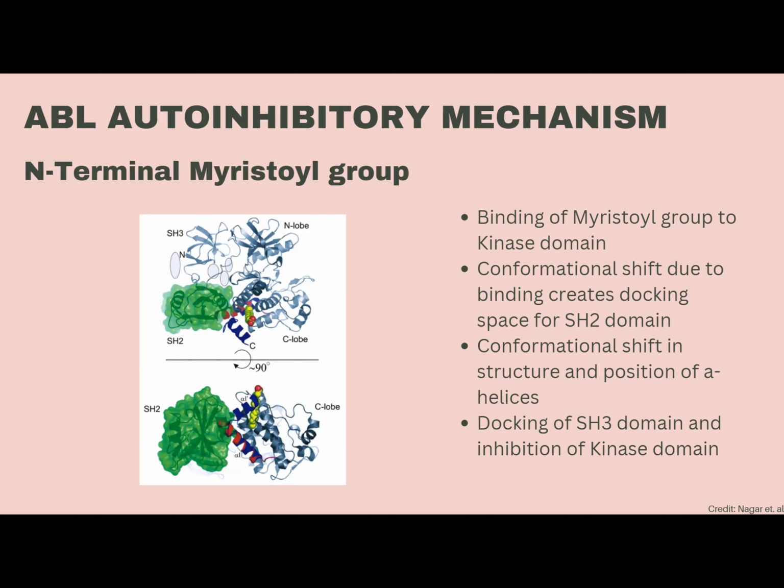Okay? Once that happens, that generates another conformational shift, and that creates binding space for an SH2 domain to dock onto the kinase domain. Once the SH2 domain is docked, it causes a 90-degree helical shift on a couple of the alpha helices that are present. And that becomes a proline-rich region.